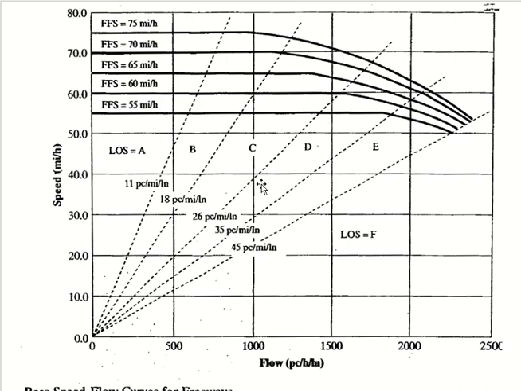How do we plot the line? Take the density and do its inverse, so it will become tan theta for the line. So if you want to plot the line of level of service C, take the inverse of 26. How much is it? Inverse of 26.